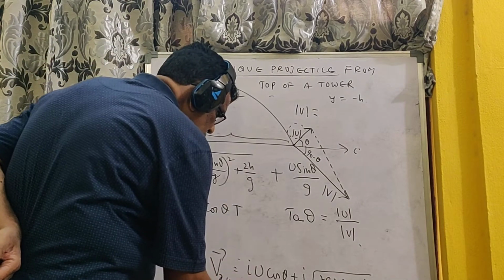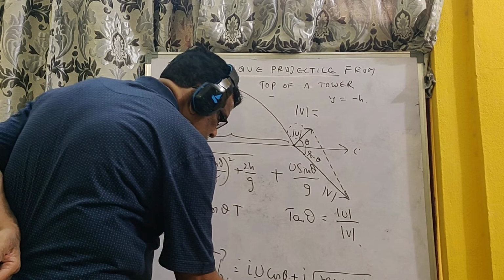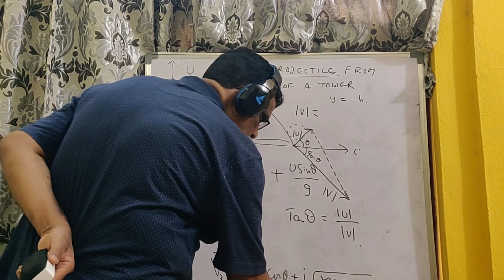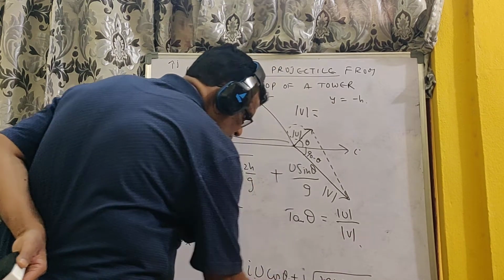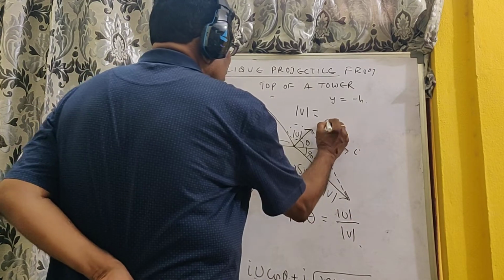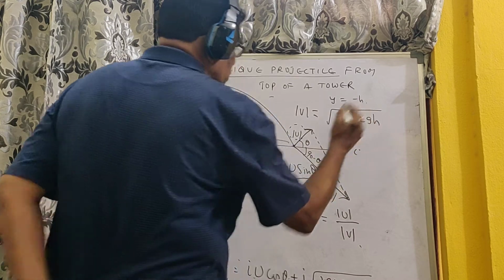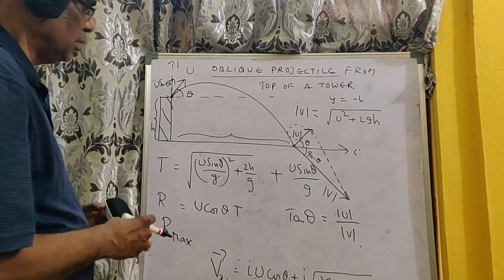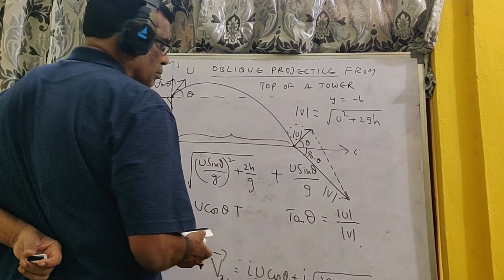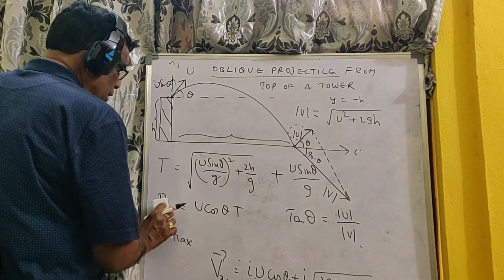So what is the modulus of all? u square cos square theta plus u square sin square theta plus 2gh. This becomes u square, so you can write that as under root of u square plus 2gh. Okay?